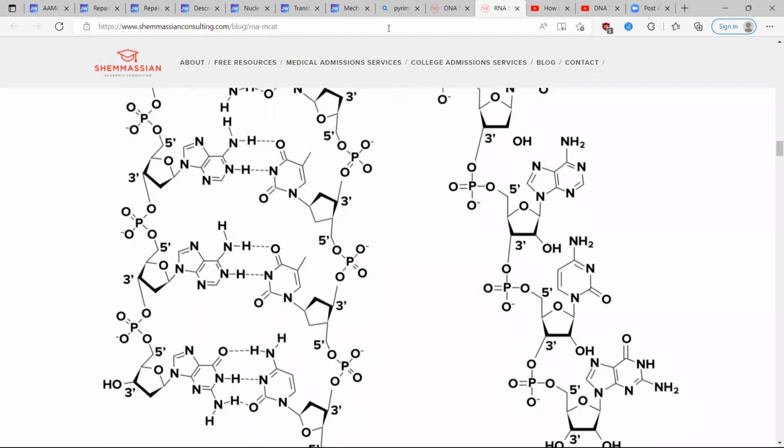And also, you'll notice, we talked about this last time with the proteins, right? This sugar phosphate backbone, what kind of properties does it have? These oxygens are very negative.